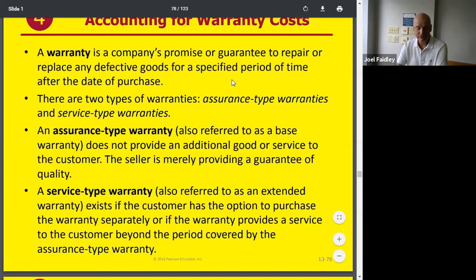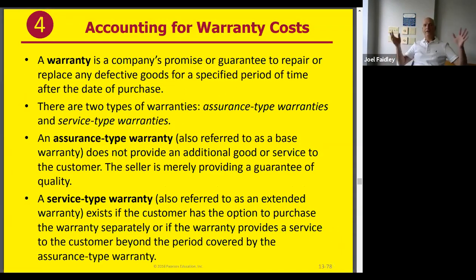But again, that is an assurance type warranty. When you're buying something in a store that already has a warranty associated with it, whether it's a 90-day warranty or 1 year or whatever, you are purchasing an assurance type warranty.